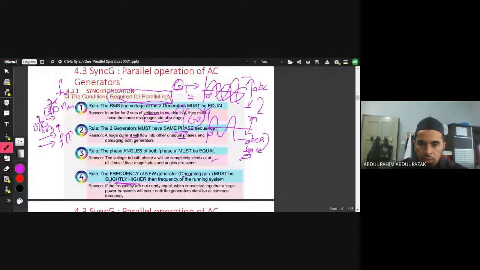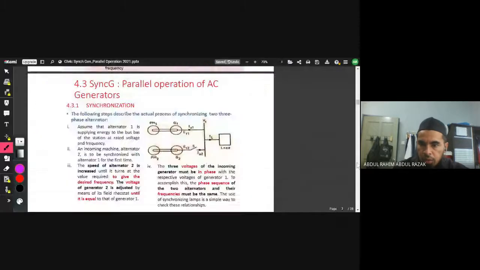So the G2 will reduce in terms of its speed and frequency, and it will drag the G1 into the situation as well. We might be able to simulate the scenario or event during simulation, in lab 6, if I'm not mistaken.